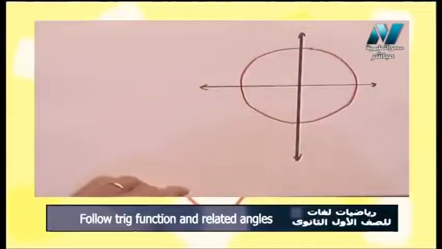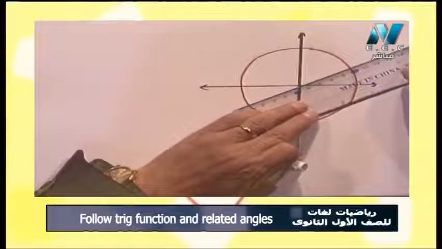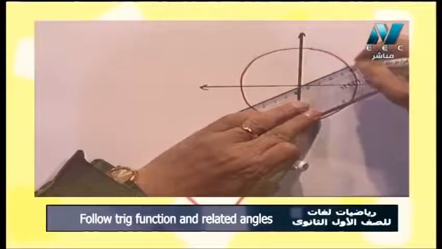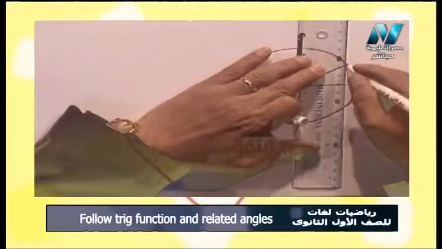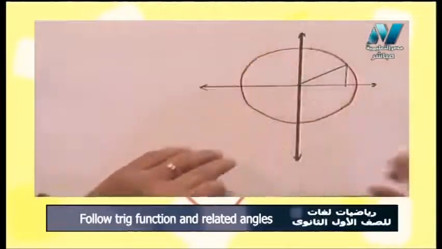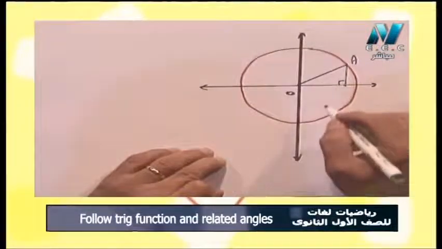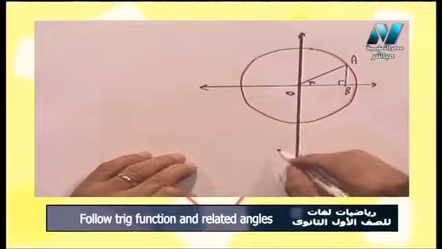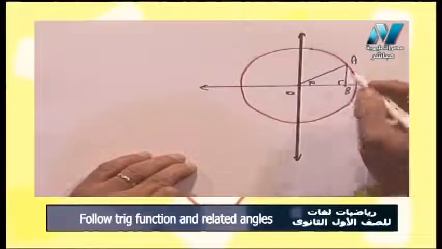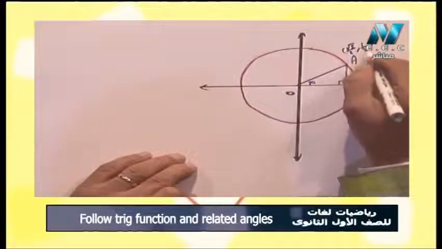And we will draw a 30 angle as we used today. It's a simple and easy angle to study. So we depend on it to generalize. We have here O, A, and this is a right angle triangle. We can say B, 30-degree angle. And we know that this A equals root 3 over 2 and half.